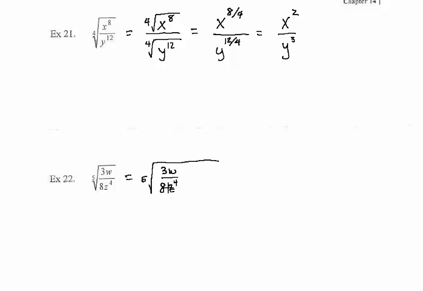And we'll take the numbers. 3 is prime, so you can't factor it. We'll take the 8 and we'll break it up into prime factors 2. And then this 4 gives us 2 more 2's. Okay, so I'll go back up here and rewrite my 8 as a 2 to the 3rd power.